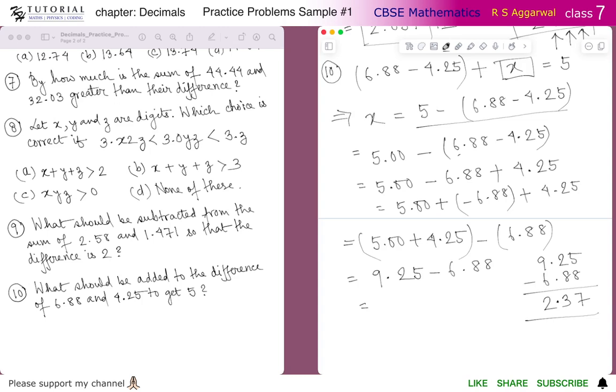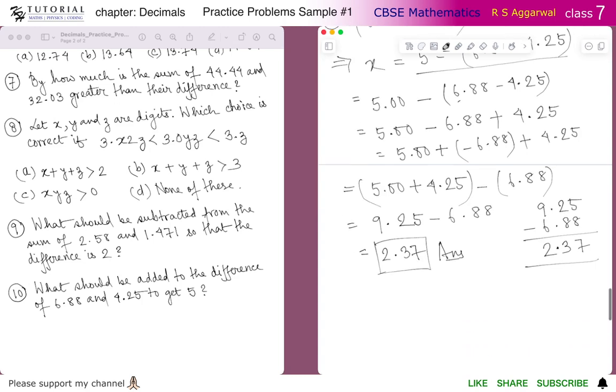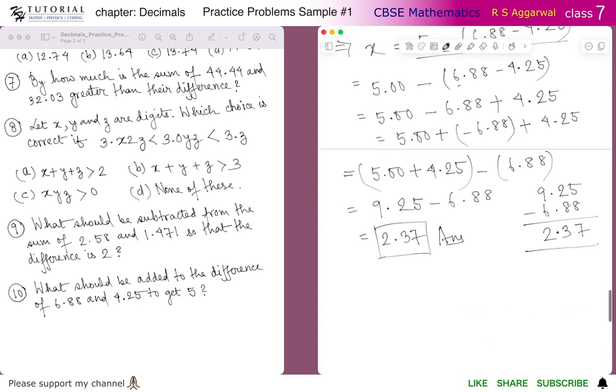So the answer is 2.37. Let me check quickly once again. When we subtract 6.88 from 9.25, it is 2.37, and I hope it's right. So this is the answer of question number 10.